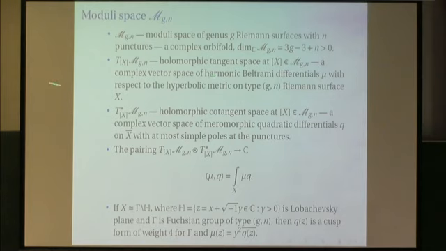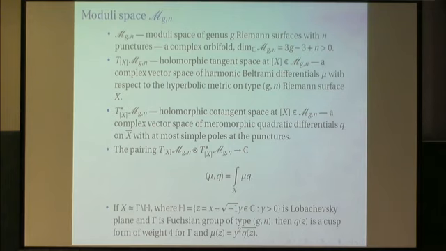Then the holomorphic cotangent space can be identified with a complex vector space of meromorphic quadratic differentials. In the case of punctured Riemann surfaces, they are allowed to have at most simple poles at the punctures. So these are complex vector spaces of the same dimension, and the natural pairing is given by integration.